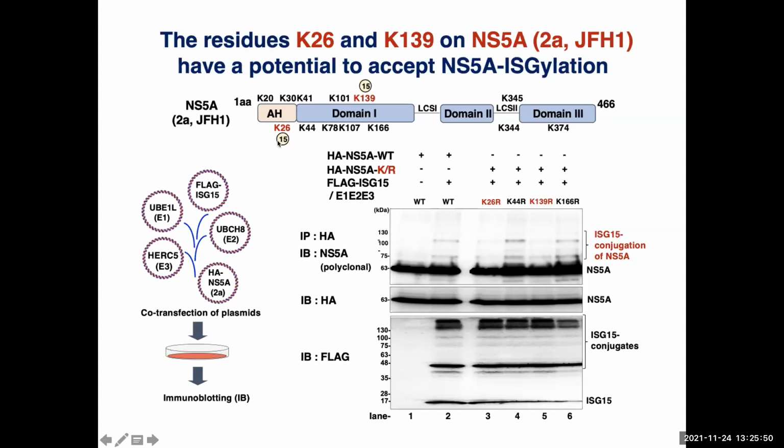And so we introduced mutations to map the important lysine residues on genotype 2A HCV. And we found that lysine 26 and 139 are important for isolation. So as you can see here, in the mutant, the isolated bands disappeared.